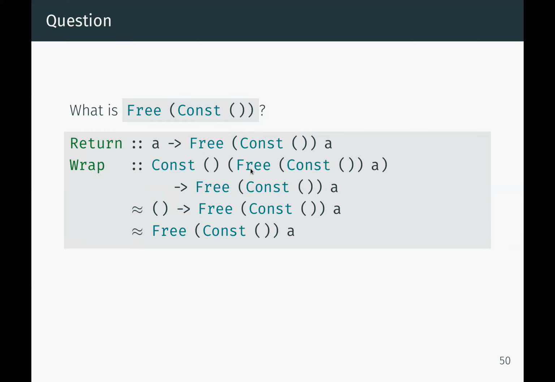But Const Unit doesn't matter, it's always something of this type wrapped. So it's just unit to here. And this is basically the same as this, because a function from unit is always just that thing.